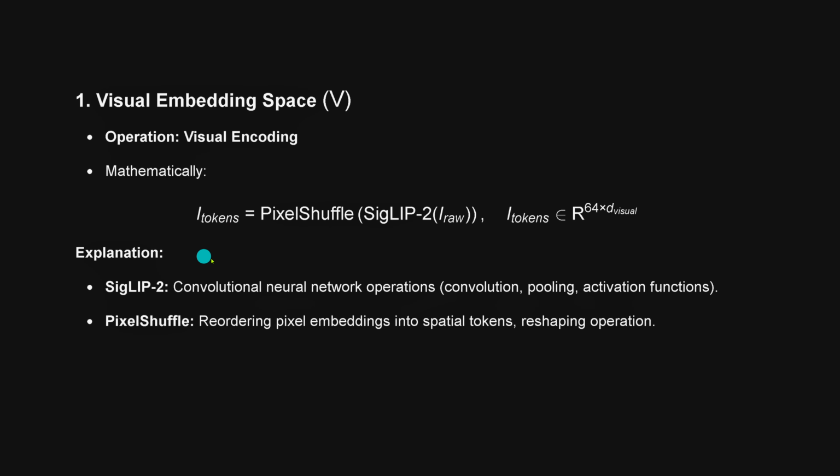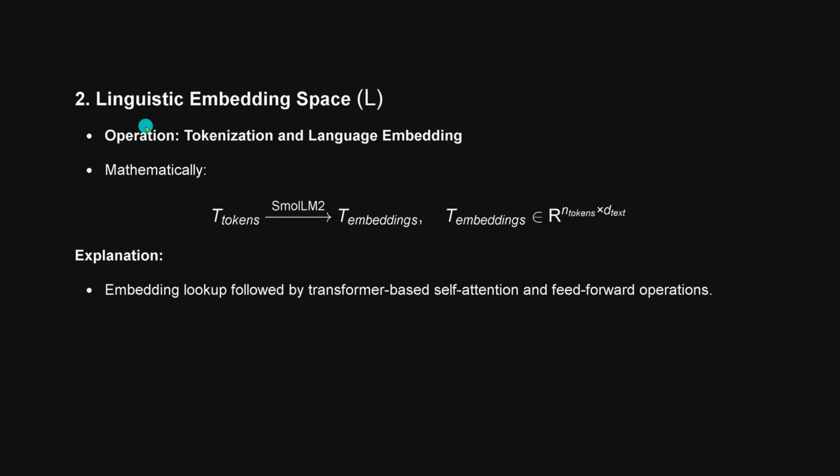So we have our convolutional neural network operation. We have the classical one, the convolution, the pooling, and the activation function, and a pixel shuffle. Okay, that's easy, yeah? In the linguistic embedding space, we have an operation that you know, tokenization and language embedding: embedding lookup followed by a transformer-based self-attention and a feed-forward operation. This is the classical transformer operation that's happening.